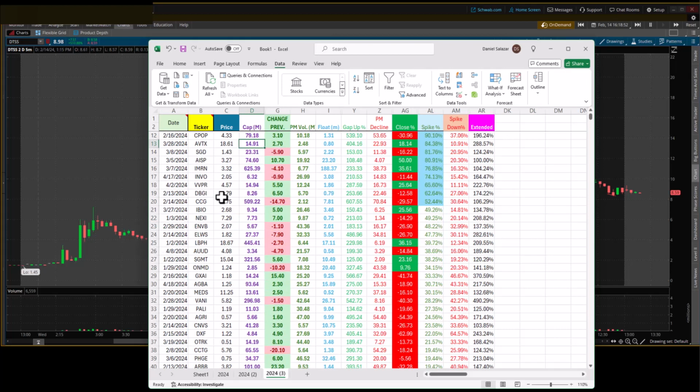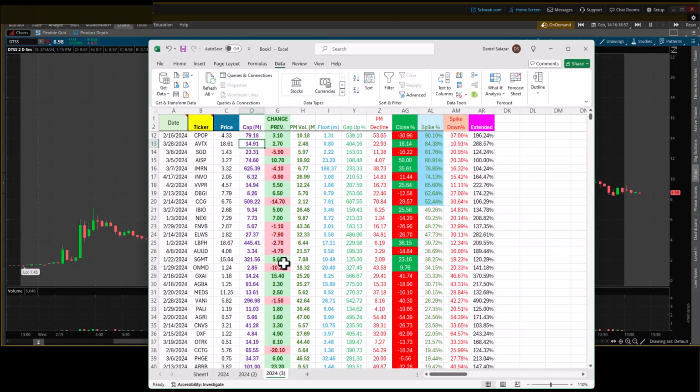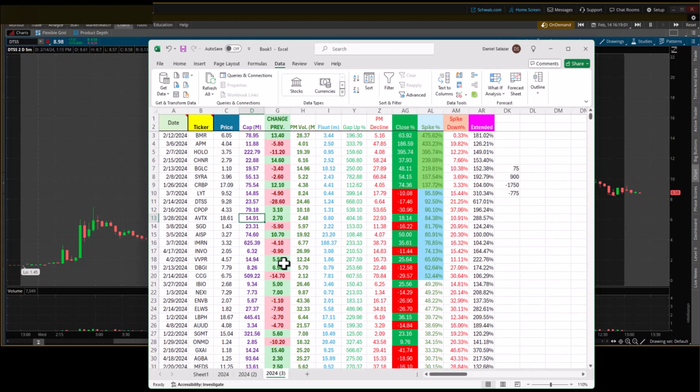Okay, so this is a really cool pattern. The cool thing about this also is that it seems to work. I have data from all the way from 2020, and it seems that it works every single year. So in bear markets, in bull markets, the only downside is that in a bear market, you won't see as many.